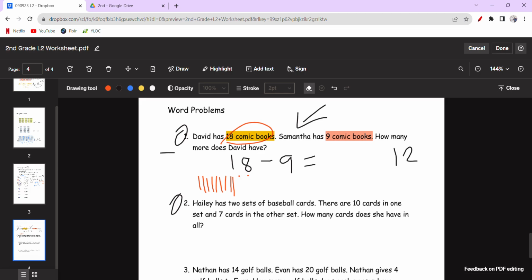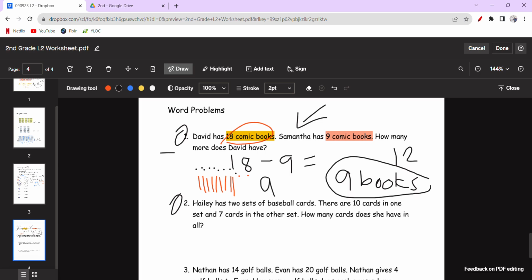And then how many do we have left? Let's count them. 1, 2, 3, 4, 5, 6, 7, 8, 9. So then our final answer would be 9 more books. You could always double check your answer by adding these, right? Which will go to 18.